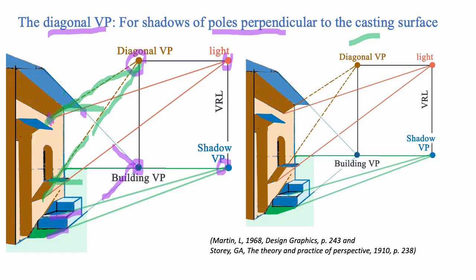Now, as you can see here, the building vanishing point and shadow vanishing point are on eye level. The light is above the shadow vanishing point, as we've talked about. And look at this, the diagonal vanishing point is above the building vanishing point and level with the light.